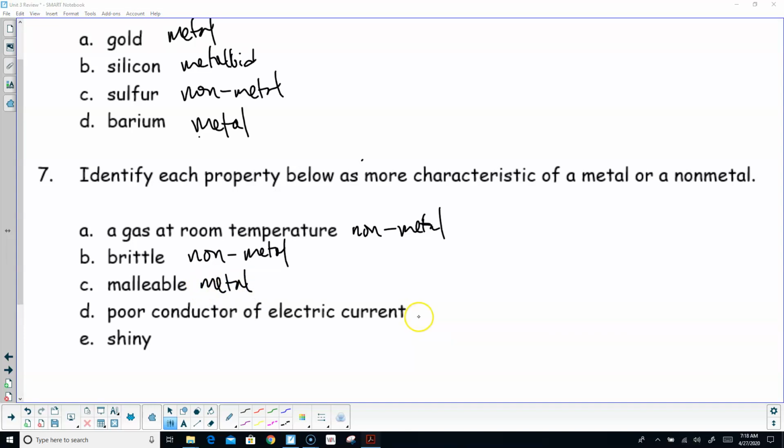Poor conductor of heat and electricity is a non-metal. And shiny is typically going to be a metal. If you have a substance that has a combination of those properties, it's generally going to be a metalloid, with some properties of metals and some properties of nonmetals.